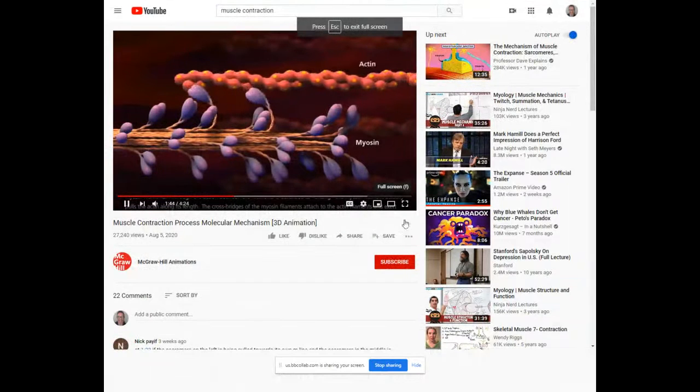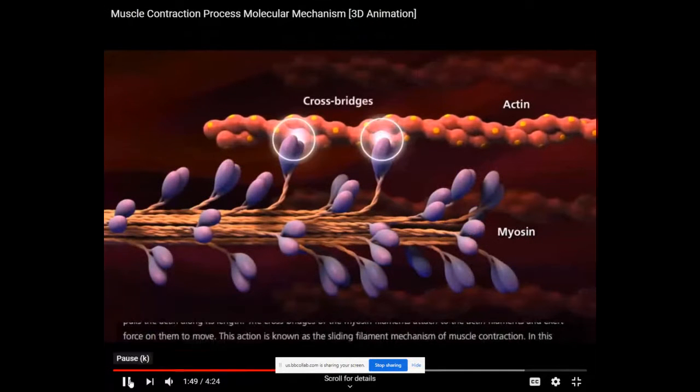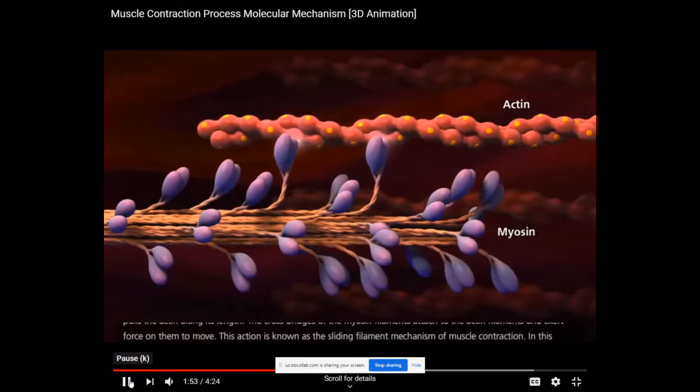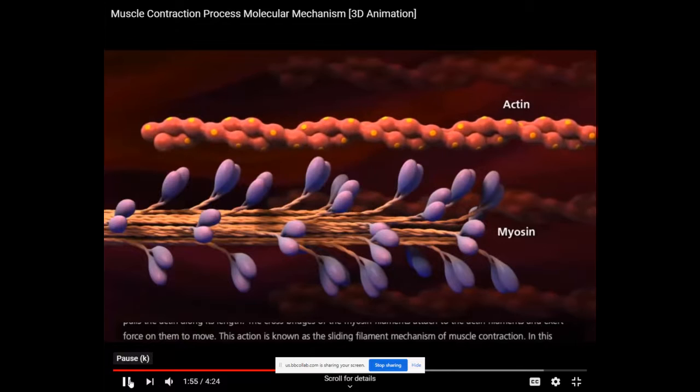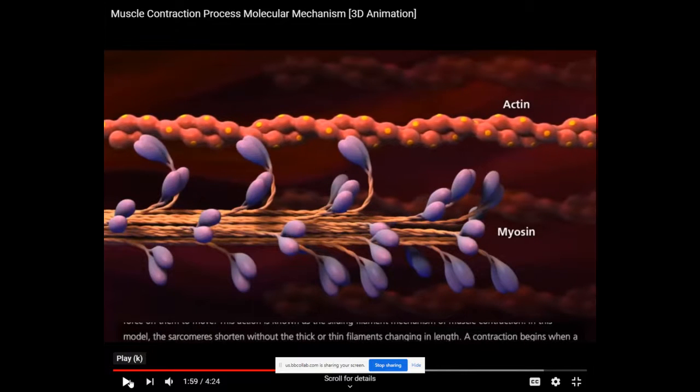The myosin filament actually pulls the actin along its length. The cross bridges of the myosin filaments attach to the actin filaments and exert force on them to move. This action is known as the sliding filament mechanism of muscle, but also known as the power stroke. Remember the four steps to the actual cross bridge mechanism? The first is when we form the cross bridge.